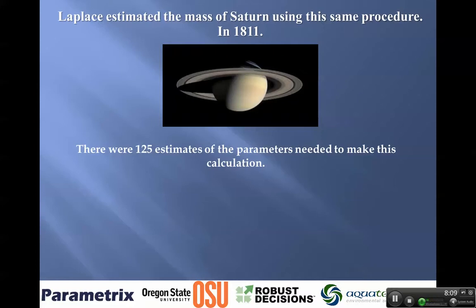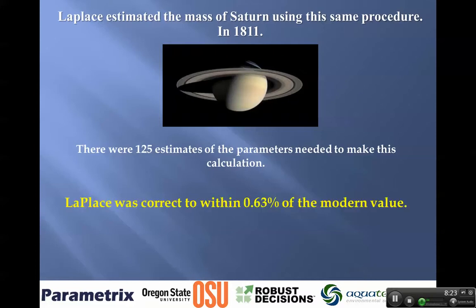They gave him 125 estimates of the parameters he needed to make this calculation. He was interested in how the rings of Saturn worked, and to figure that out he needed to know the mass, so that's what's behind it. So he did this, and Laplace's solution was correct within 0.63% of the modern NASA-determined value.